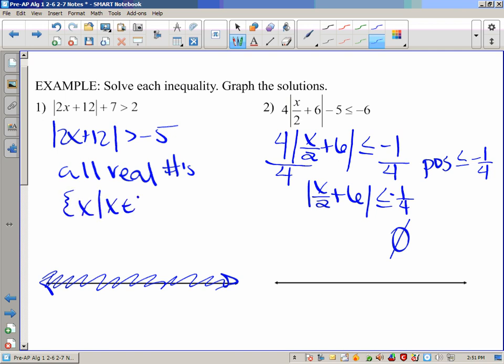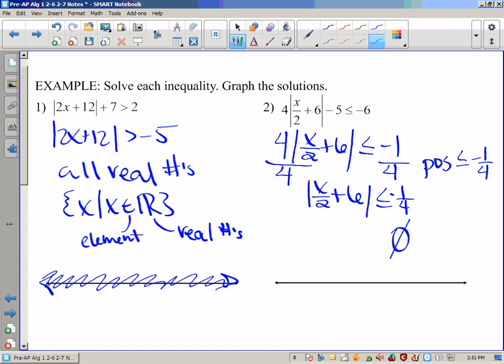I'm going to write it, and then I'm going to explain it. This probably looks like Greek, and some of it actually is. What this means, if I were to say this in words, is all x's such that x is an element of the real numbers. This means real numbers. This means an element.